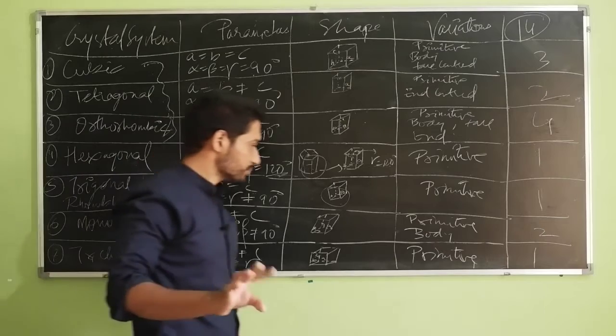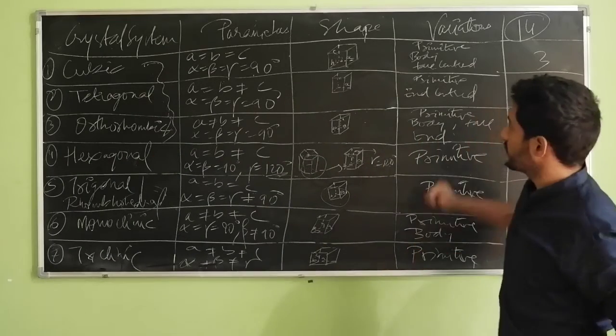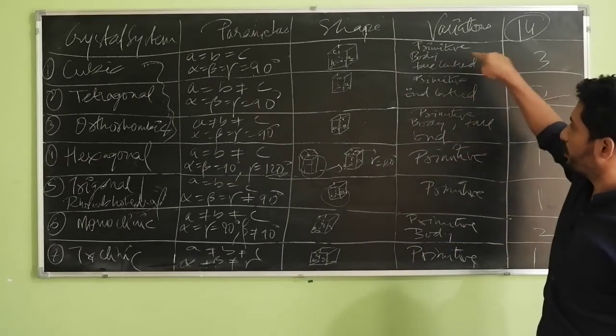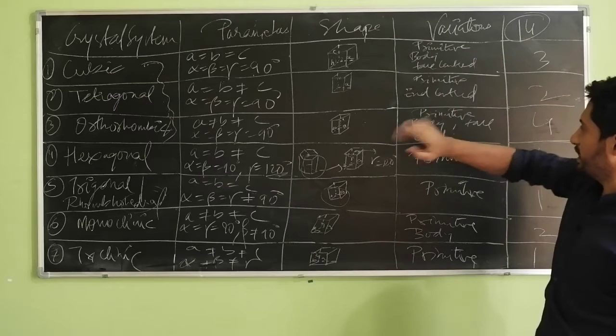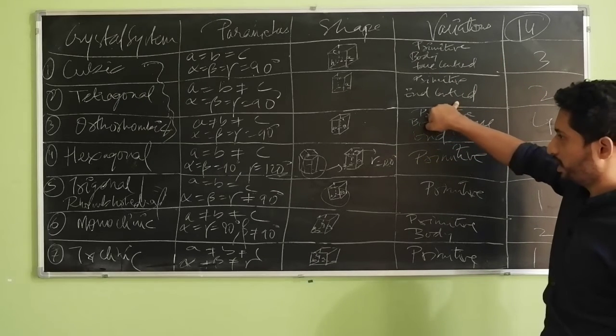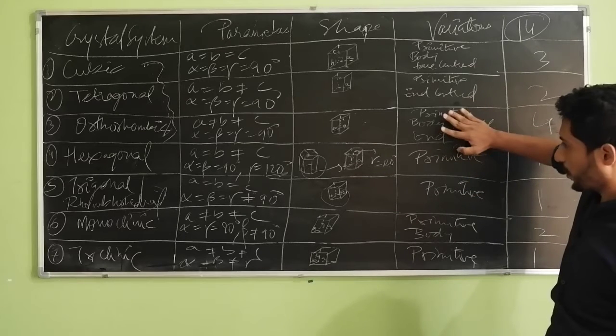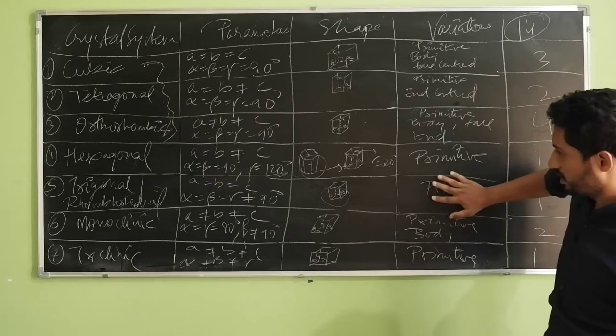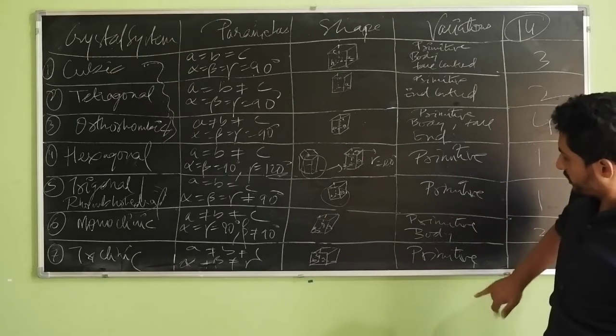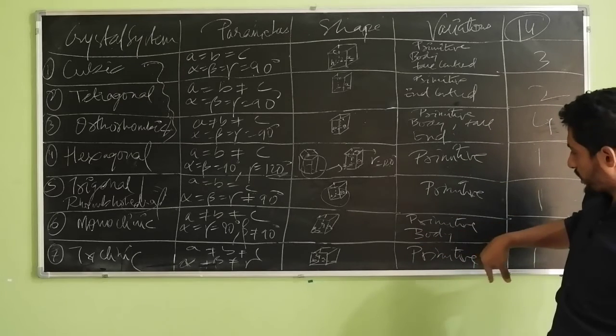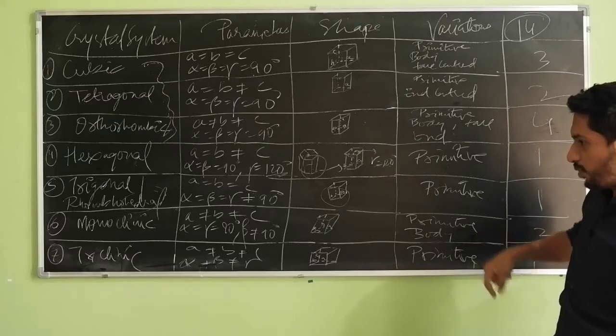Just remember this. Alright, and also regarding the variations, in cubic we don't have end-centered. In tetragonal we have end-centered. In orthorhombic we have all of the types that we have, all the 4. Hexagonal and trigonal, they are only primitive. Triclinic is also primitive. Monoclinic, we have primitive and body.